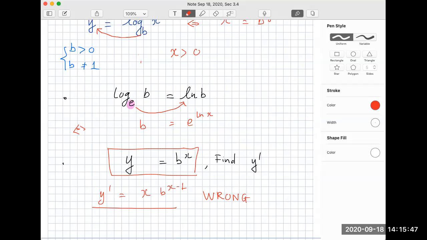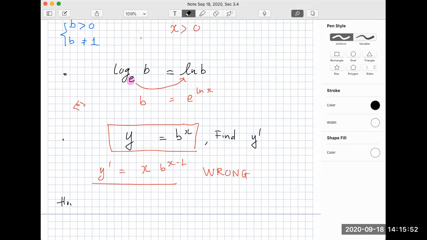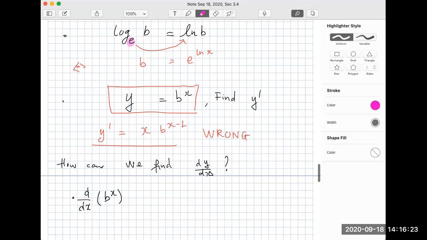So now, how can we find dy over dx, which in this case is d over dx of b to the x? We know that b we can write as e to the ln b.